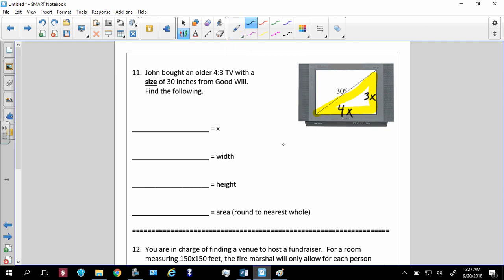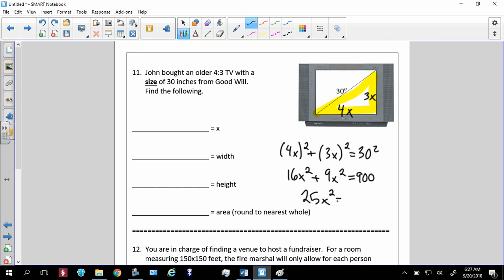So it ends up being 4x squared plus 3x squared is equal to 30 squared. Well, that's 16x squared plus 9x squared is equal to 900. All right, from here, that ends up being 25x squared is equal to 900.